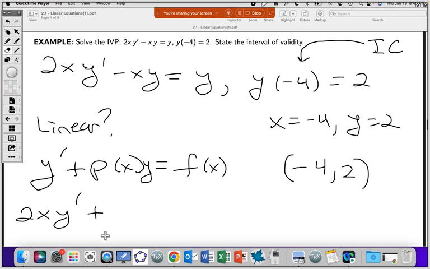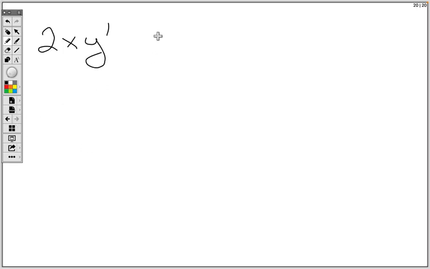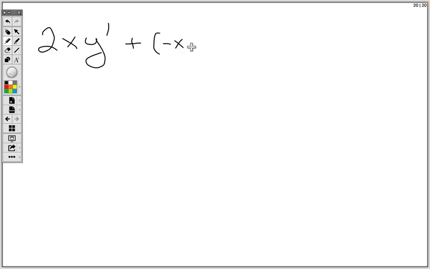So I guess I'm going to have a minus xy minus y equals 0. And so now we're going to have to do some more algebraic machinations here. So we've got the 2x y prime, and then I'll factor the y out of here, minus x minus 1 y equals 0.